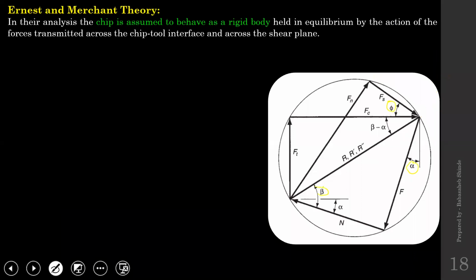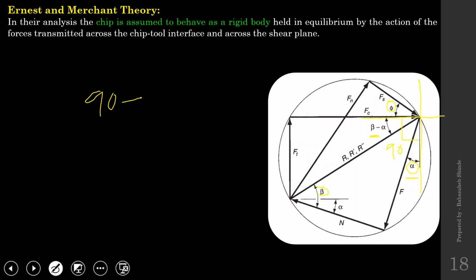Now let's calculate the remaining angle. Suppose this angle is to be calculated. Now this total angle is 90 because this is vertical and this is horizontal. Out of that, this one is known, alpha, and those remaining angles we need to calculate. So how will we calculate that one?